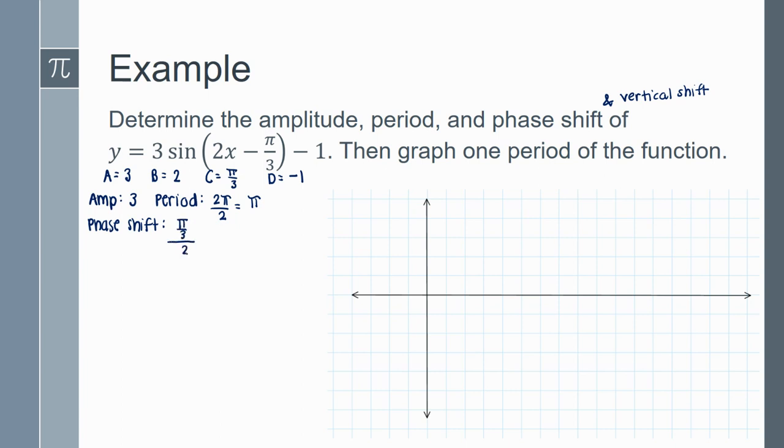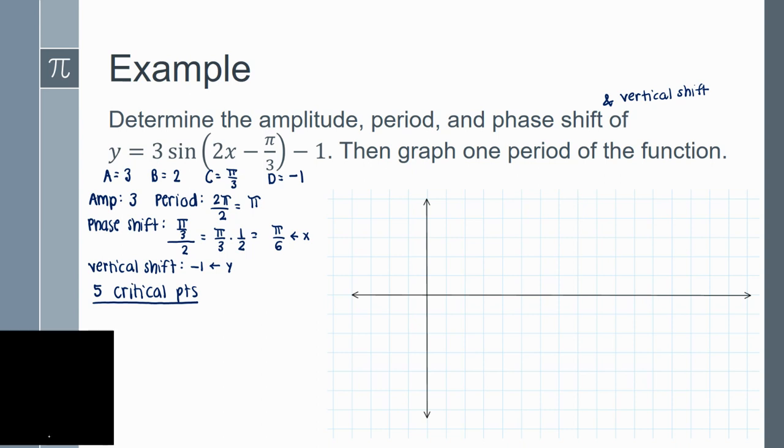My B value is 2. So remember, I'm going to take pi over 3 and multiply by the reciprocal. So the reciprocal of 2 is a half. So that means that pi over 6 is my phase shift. And then my vertical shift is whatever that D value is. So that means that we are going to keep negative 1. So remember, this is going to affect the x values. This is going to affect the y values, but I first just want to find my 5 original critical points.